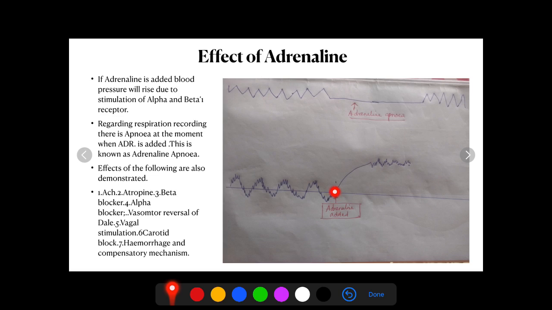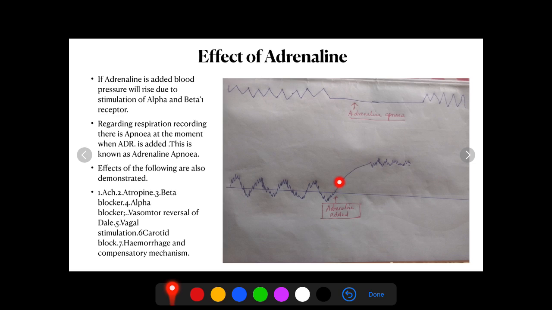Now, how will the blood pressure be increased if you use adrenaline? Adrenaline has two types of receptor, mainly alpha and beta. There are beta 1 and beta 2. Stimulation of alpha will cause extensive vasoconstriction, and stimulation of beta 1 will cause a positive effect on the heart.